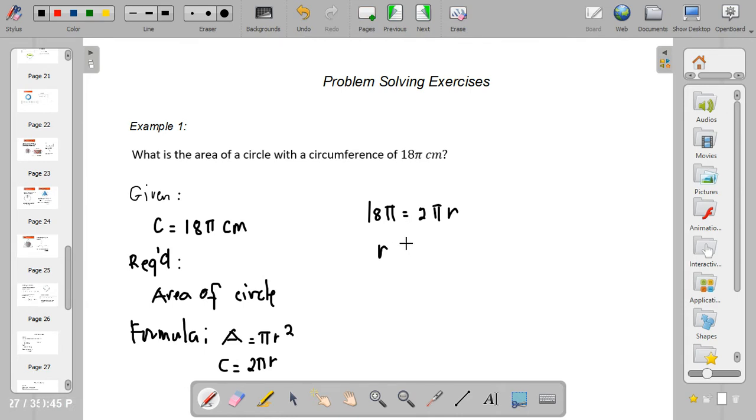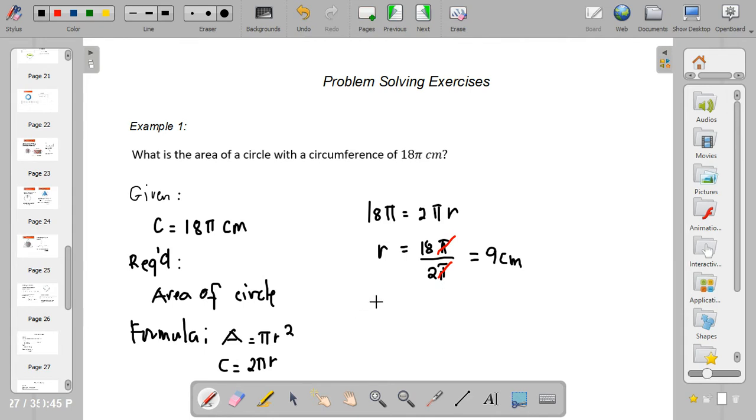Divide both sides by 2 pi. So we have 18 pi divided by 2 pi. We can cancel the pi and proceed with division, where 18 divided by 2 is equal to 9. So therefore, the radius is 9 cm.